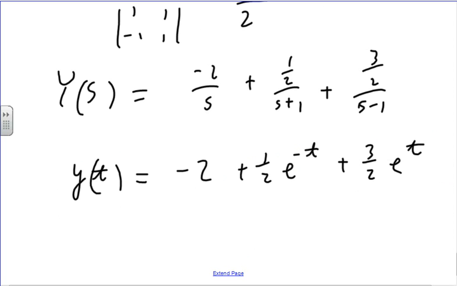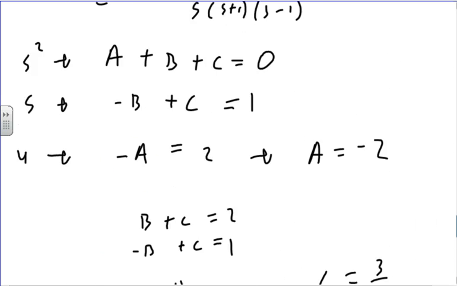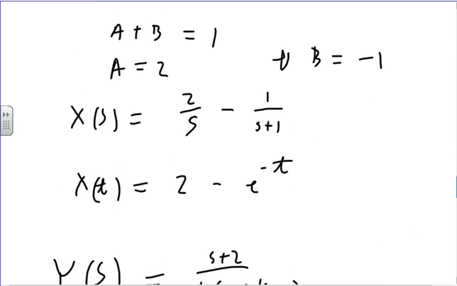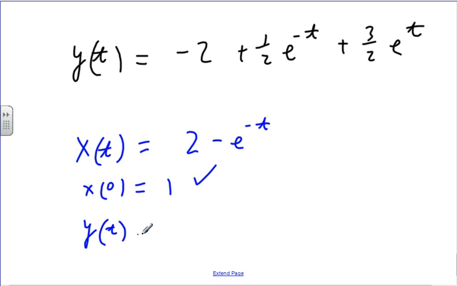Okay. So now we solve for everything. Now we got to check it. X of t is equal to 2 minus e to the minus t. X at 0 is 1. Check. Okay, y of t is equal to minus 2 plus 1/2 e to the minus t plus 3/2 e to the t.